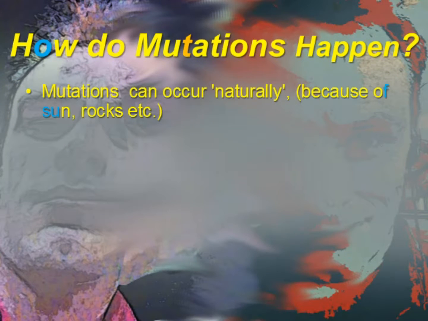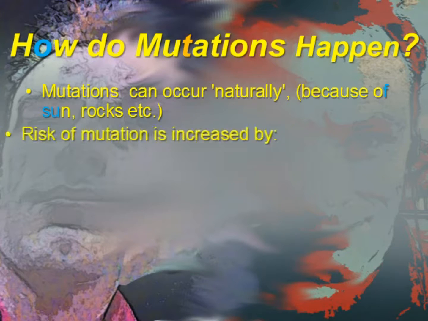So mutations can occur naturally, just walking around outside. We have sunlight shining on us, and that can lead to a mutation. Rocks are sometimes naturally a little bit radioactive, and that can cause mutation.